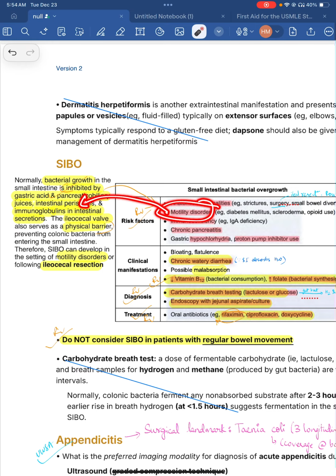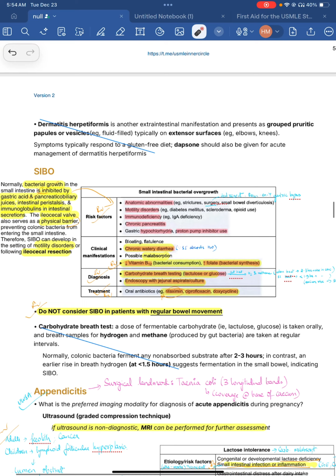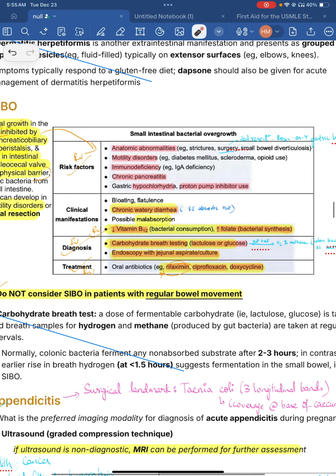Motility disorder, intestinal peristalsis was preventing the growth. Anatomic abnormalities, yeah, physical barrier. All of these things were preventing the small intestinal growth of bacteria. Now, if there is a problem in any of these, this might cause SIBO, that is small intestinal bacterial overgrowth. What are the symptoms of SIBO?